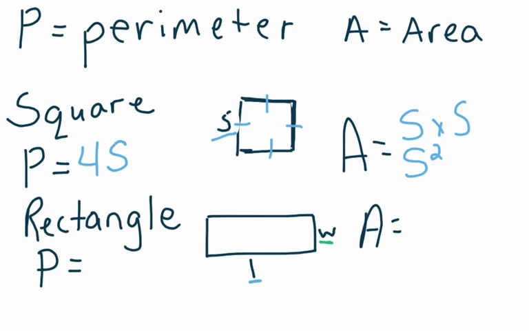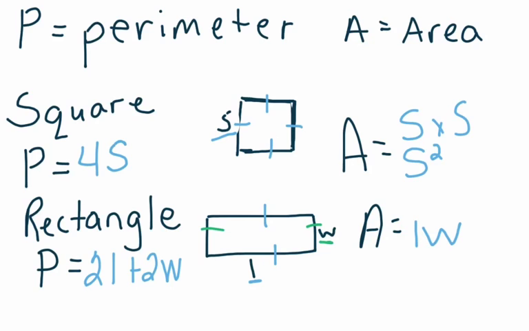For the perimeter, you are going to be adding the sides, and each side of the length and each side of the width are the same. So the formula for perimeter of a rectangle is 2 times the length plus 2 times the width. Okay. Area is just going to be length times width.